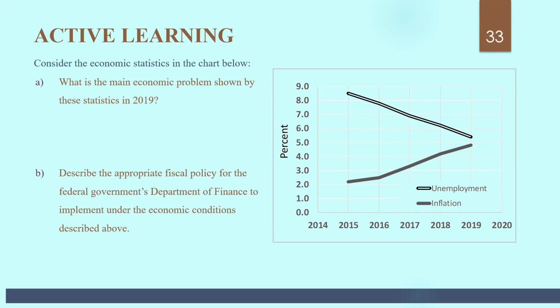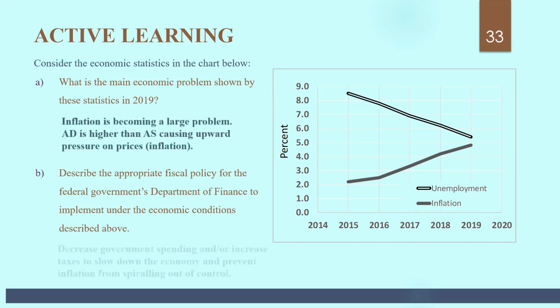Inflation's rising? Yes, exactly. Yeah, it's becoming more unaffordable. This is similar to what we're dealing with lately in Canada, that inflation has been rising a lot in the last few years, and this is a similar problem. So good point. Good job.